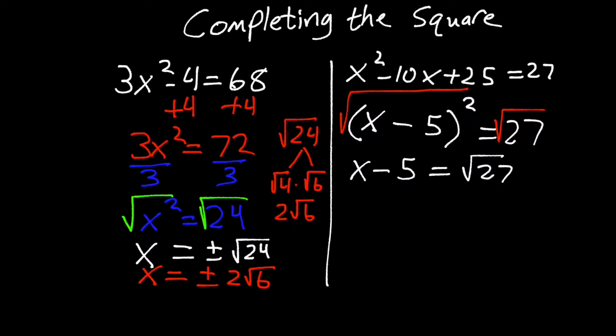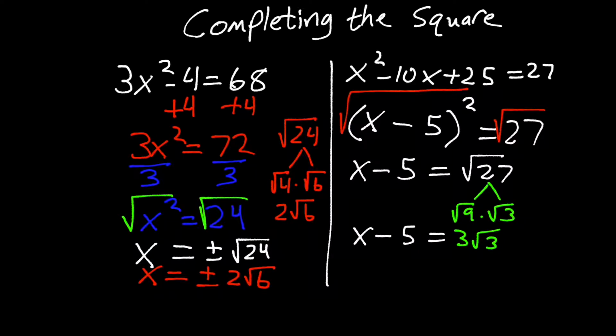Now, just like over here, where we simplified the square root of 24, the square root of 27 can also be simplified. It can become the square root of 9 times the square root of 3. So it is really 3 root 3. That is what x minus 5 equals.